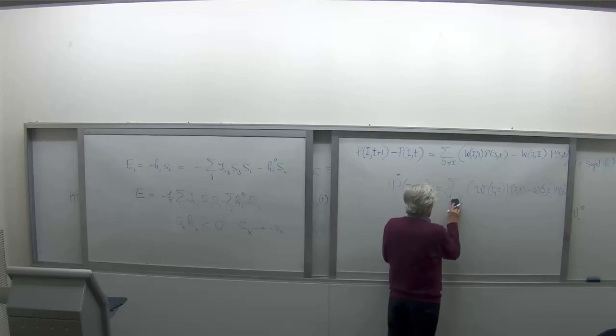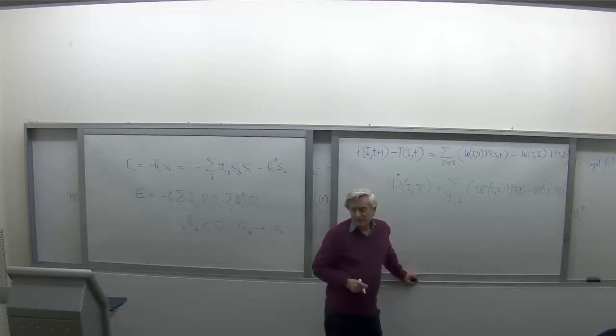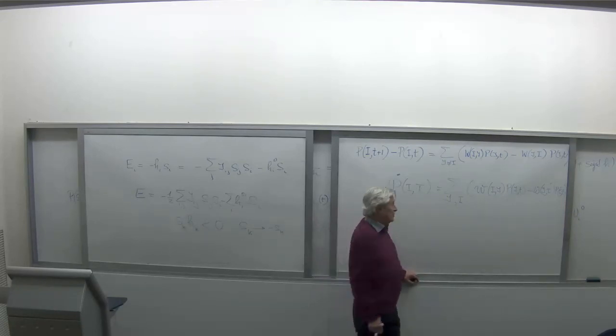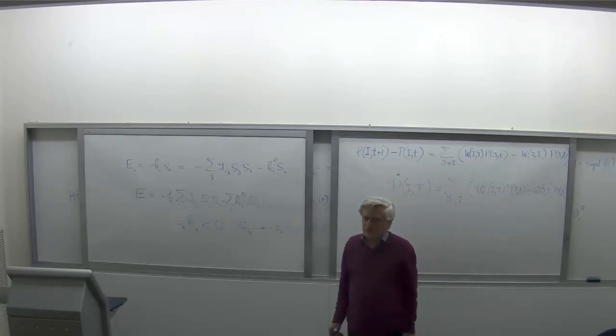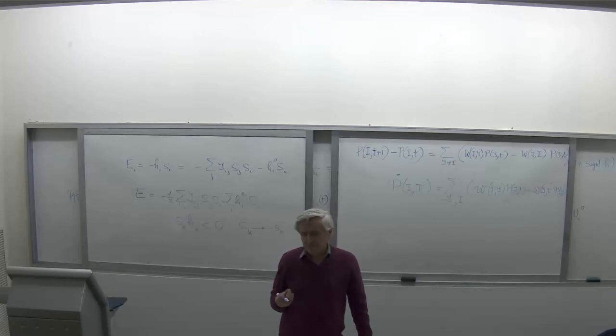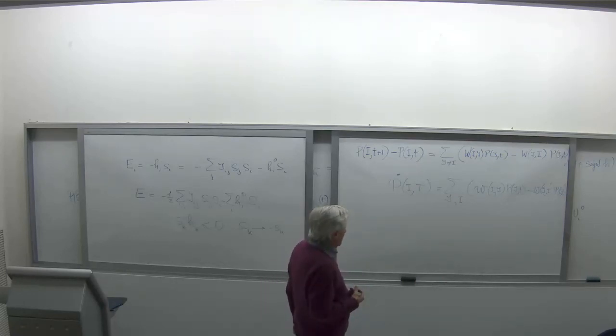We have the sum over j. I make a remark: we break now these w's, whereas these were normalized in the sense of a sum over 1.